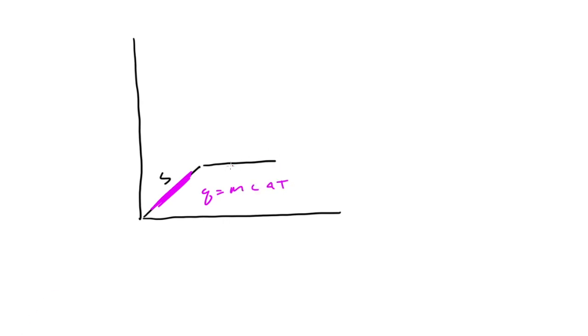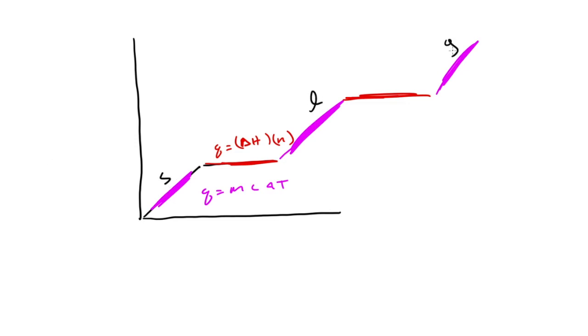And then this right here was Q equals delta H times N. Temperature goes up like this, then goes flat, and then goes back up. This was the solid, this was the liquid, and this was the gas. On this axis was the temperature, and this was the amount of heat.